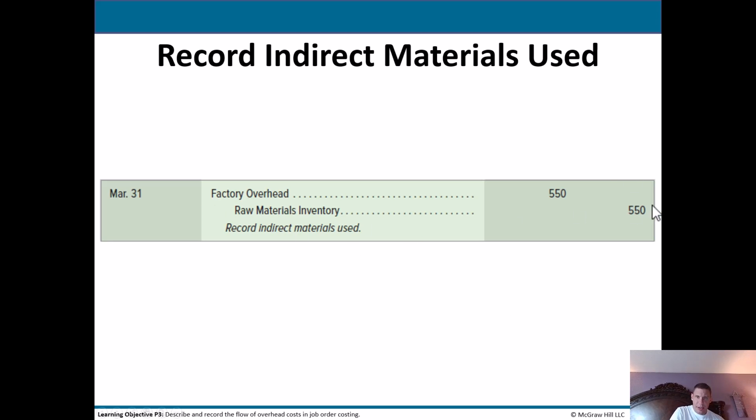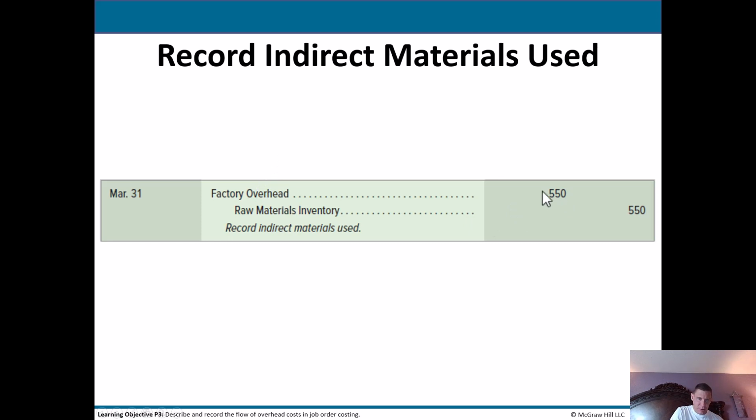So what we're doing here is the company is debiting factory overhead, and they are crediting raw materials inventory. Okay, so what they're basically saying here is they took $550 worth of stuff out of raw materials inventory. Right, this is a credit to an asset account, so it's going down. So it's coming out of raw materials inventory, and it's being added to the factory overhead account.